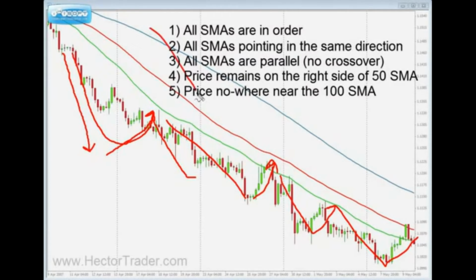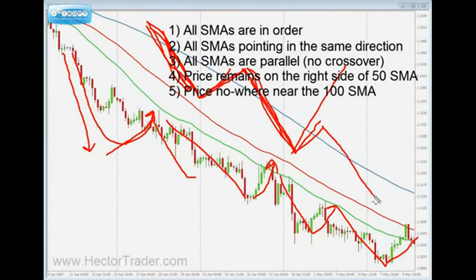A swing in the direction of the trend, a little bit of a pullback, which is never as long as the previous swing. Then after the pullback has finished, we take off in yet another swing in the direction of the moving averages, then yet another pullback, which is never quite as long as the previous swing, and then another swing, etc., etc.